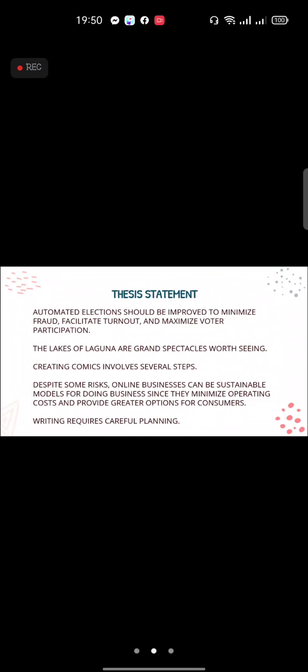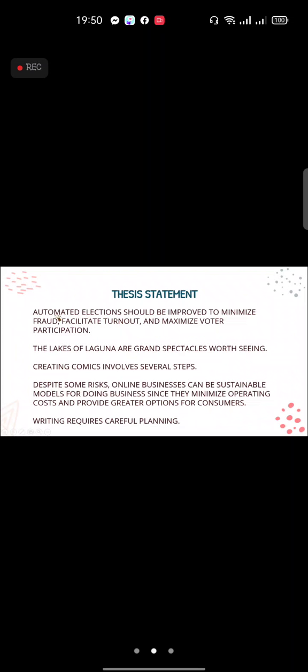So, first tayo dito, automated election should be improved to minimize fraud, facilitate turnout, and maximize voter participation. So, if your answer is yes, it is a thesis statement, then you are correct. Okay? Paano nga ba siya naging thesis statement? Bakit siya thesis statement? So, ang main topic dito is about automated elections.